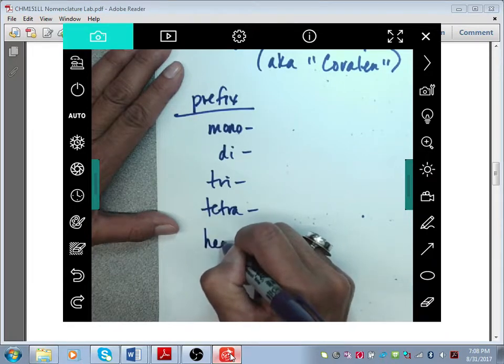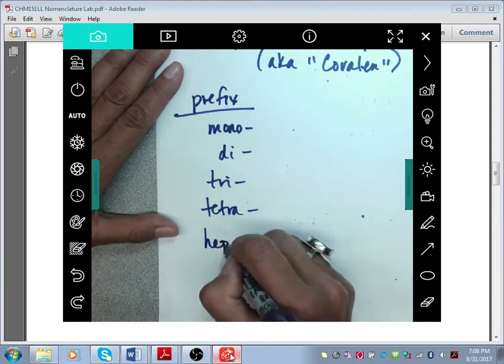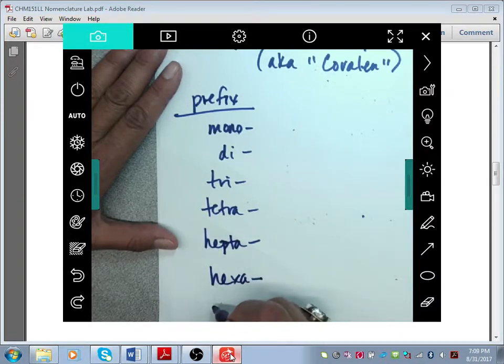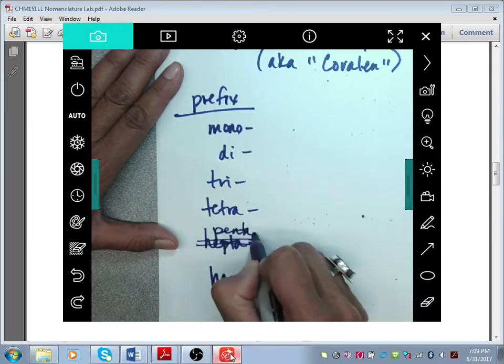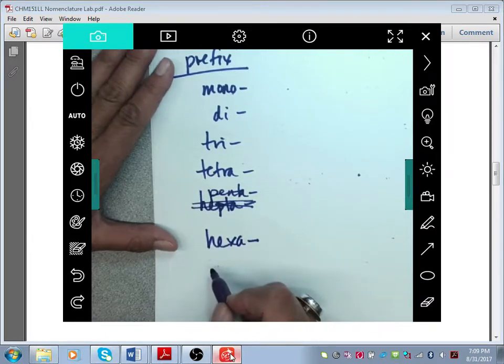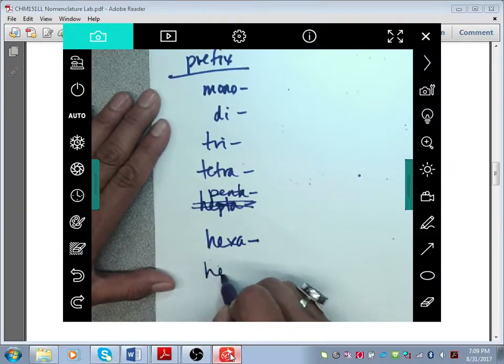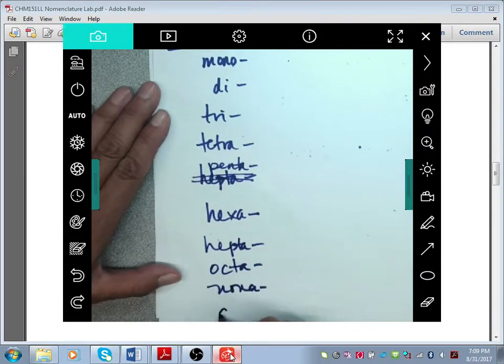penta, let's see, 5. Oh no, wait a minute, what am I thinking. It's been a while since I had organic chemistry. Penta, hexa, then hepta, then octa, nona, and deca.